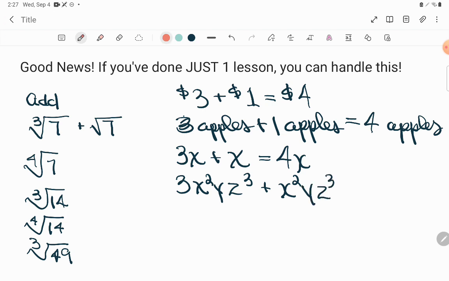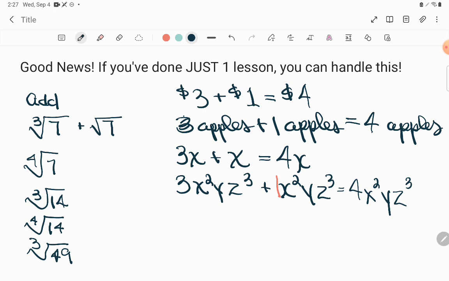Yes, when there's no number in front, that's a 1. So 3 of something plus 1 of the same ugly something gives 4 of whatever that nasty thing is. I really don't care how ugly it is. If they're the same kinds of things, I can just add them together.